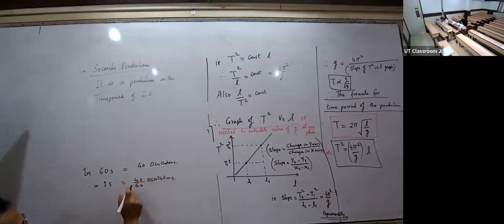Therefore, f is equal to 4 by 6 hertz. Find out how much this is. This is 2 by 3. 2 by 3 is how much? This is equal to 0.6.